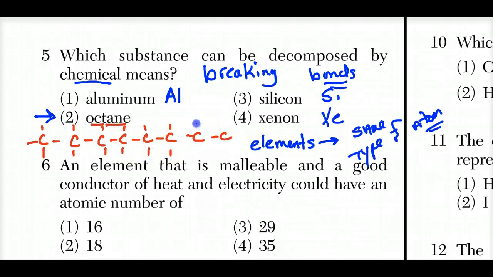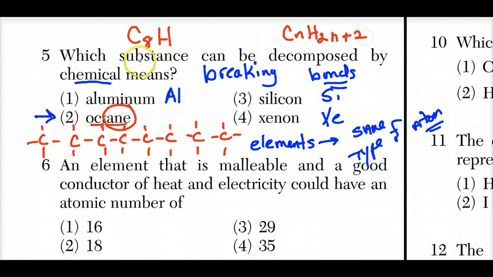This is a compound, and compounds are 2 or more different atoms chemically bonded. So you can break octane. Octane would be C8, and by having an ane, the general formula is CnH2n+2. So I would double 8 to 16, this would be 18.